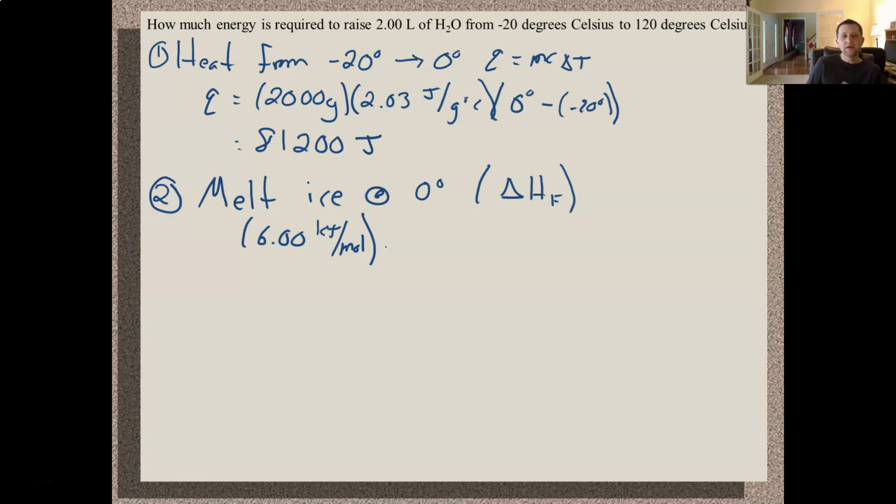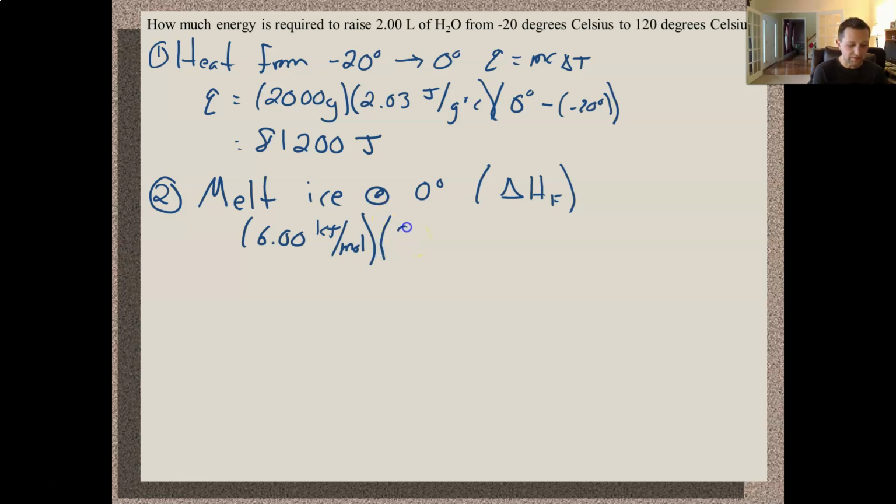That's easy to do because I have 2,000 grams of water. I could just convert 2,000 grams of water into moles of water and then convert the kilojoules into joules there. So it takes 6 kilojoules of energy to melt a mole of ice. We need to figure out how many moles I do have. So I'm just going to put that all right here for you.